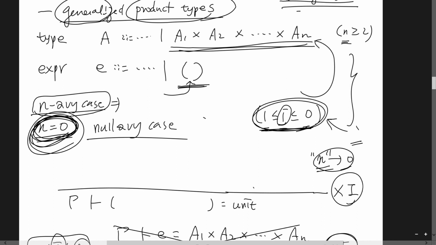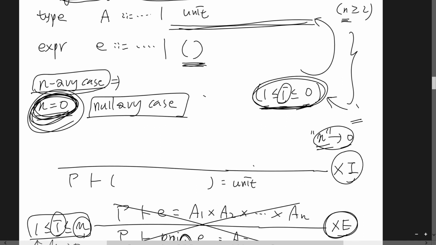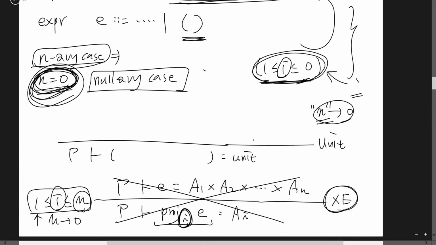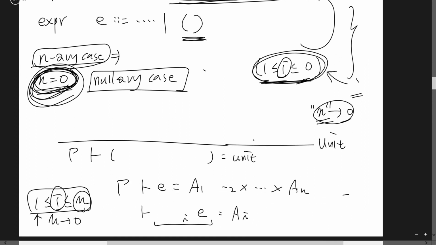What happens is that this one all disappears and we introduce new syntax, which is unit. The individual components inside the parentheses all disappear, so we use this pair of parentheses. This is a new form of expression that corresponds to the nullary case of product types. And we have this typing rule, which we can rename to the unit rule. This other rule simply disappears because there's no such projection.